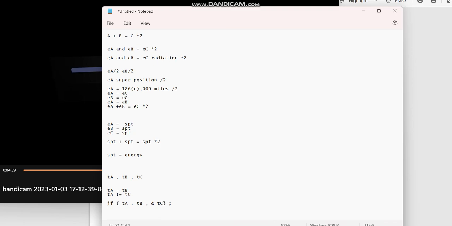Then the expression is as before, SPT, SPT, and SPTC, because these do not share the same, equals the of all of them together.